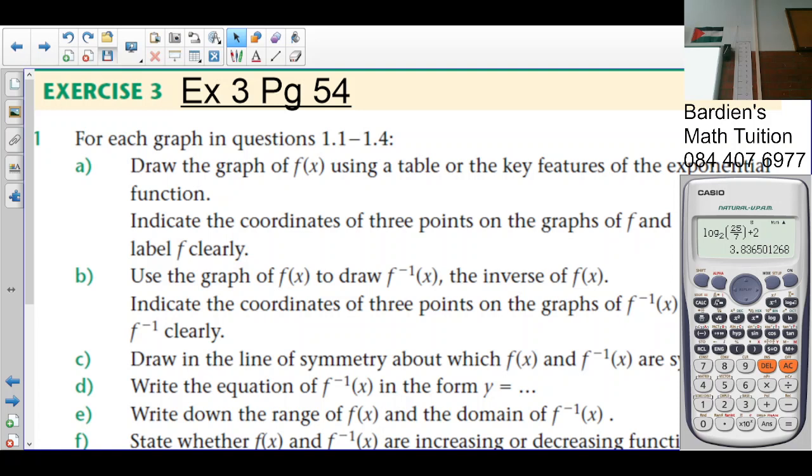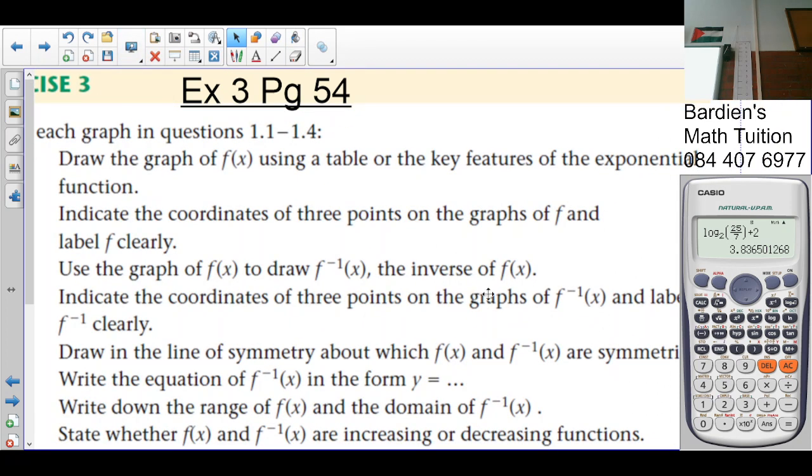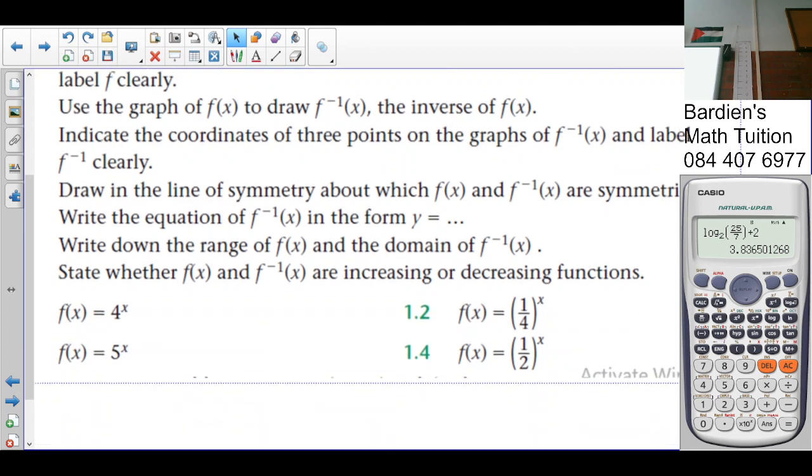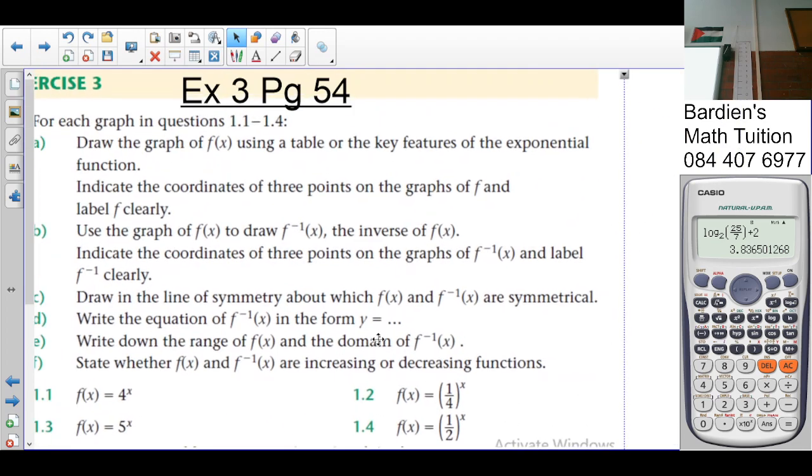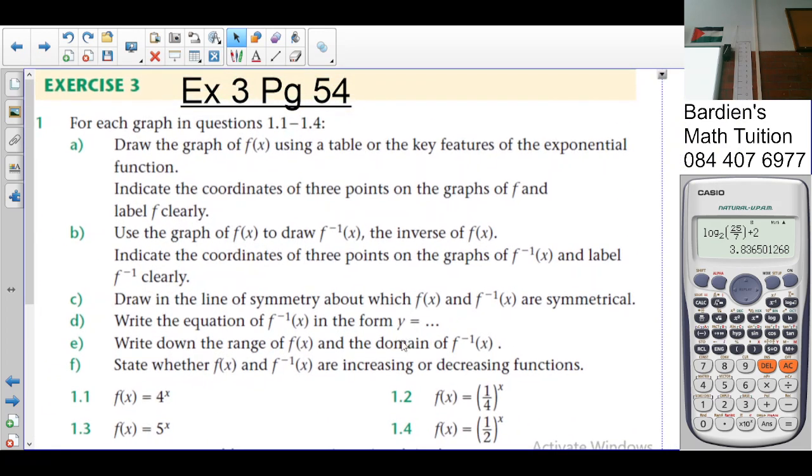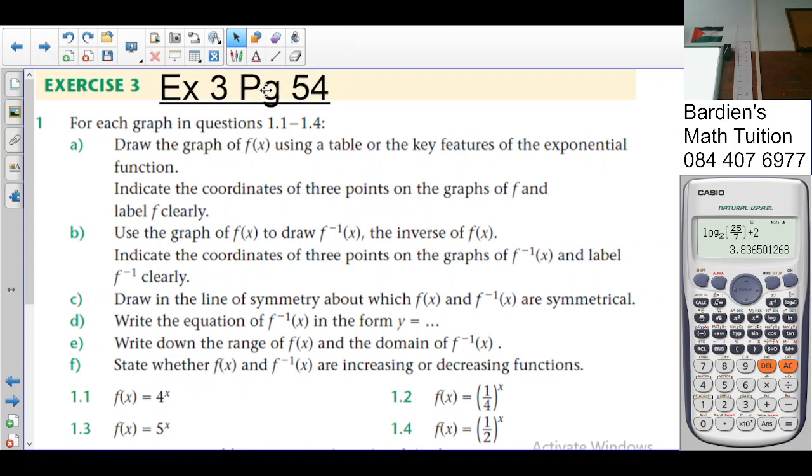For each graph in question 1.1 to 1.4, draw the graph using the key features of the exponential function. The key features are your intercepts and stuff like that. When we draw this graph, we use those 3 values: 1, minus 1, and 0.